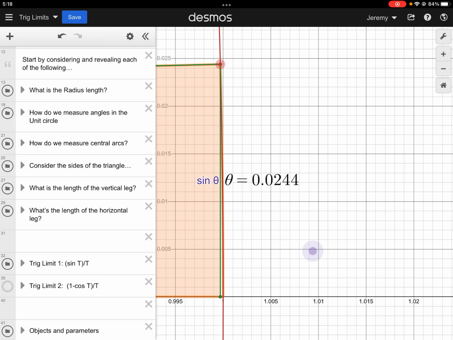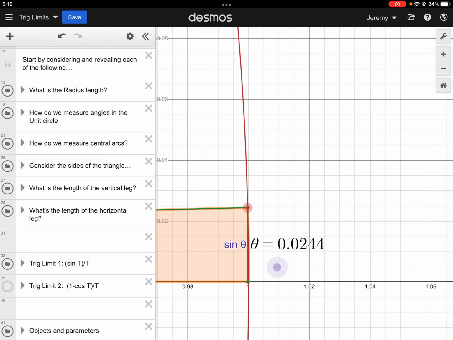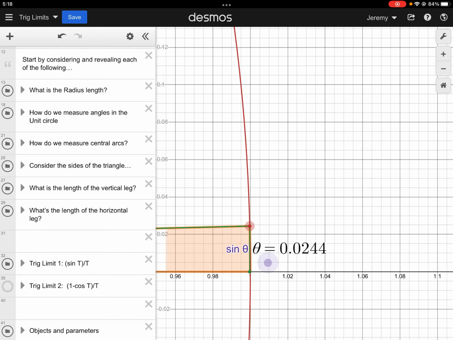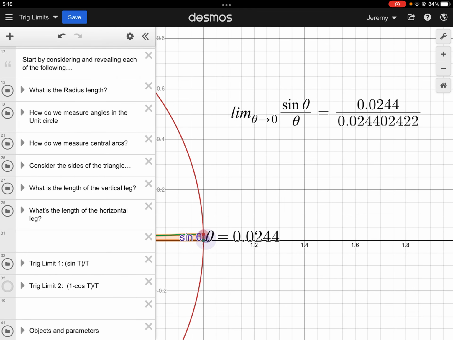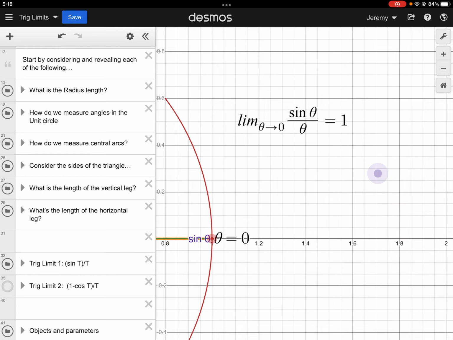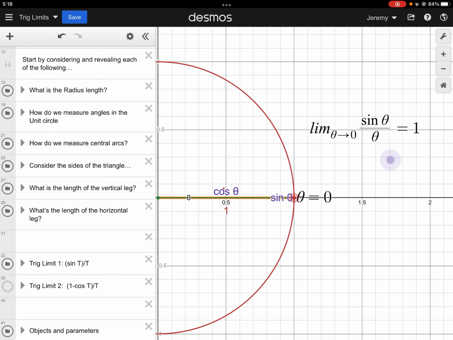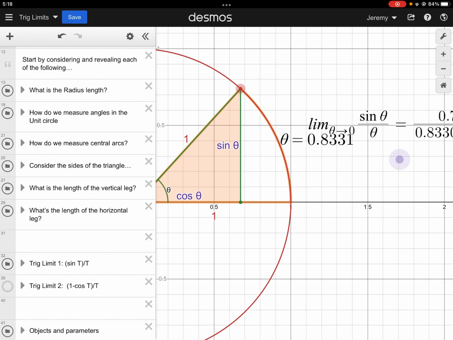Since they're pretty much the same, their values are the same, and when we write them as a fraction, that value is 1. And so what is the limit? The limit is 1. The closer we get to 0, those are basically the same, and so the limit is 1. Great.